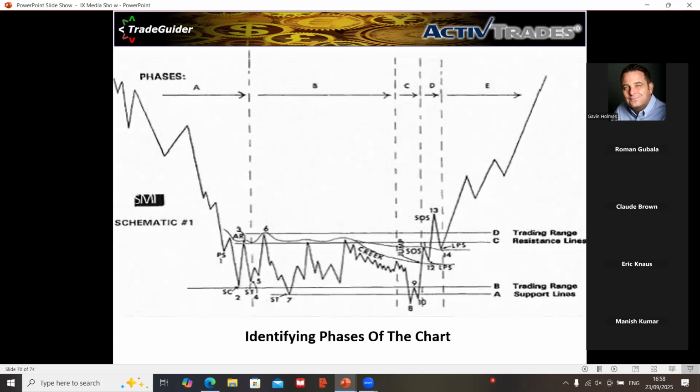And this is a very important part of what's going to be part of the course. It's identifying phases. Very much important. It's vital. It to me was the groundbreaking moment. David and Tom showed me this. They said, look, the market moves in accumulation, distribution phases.